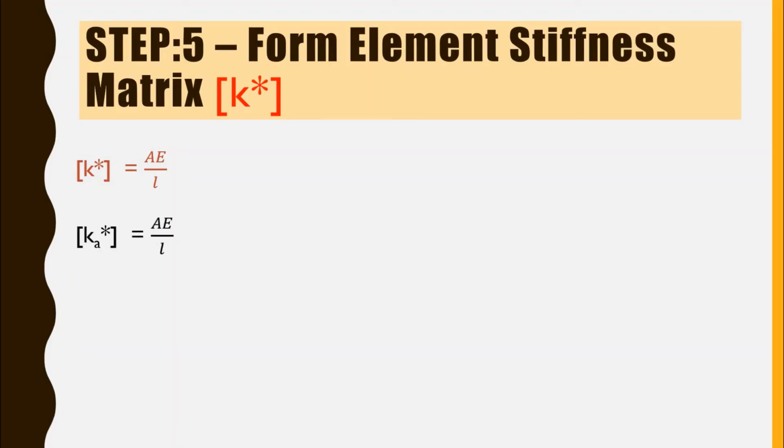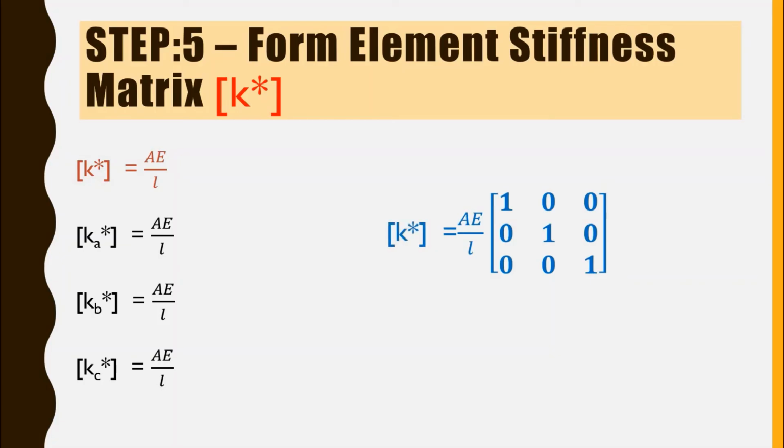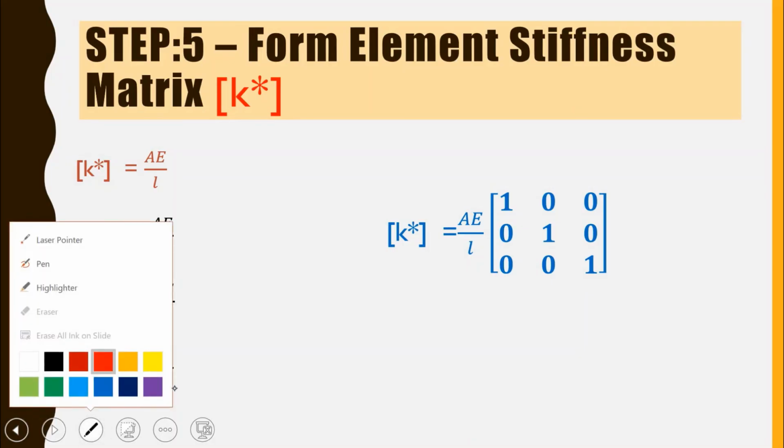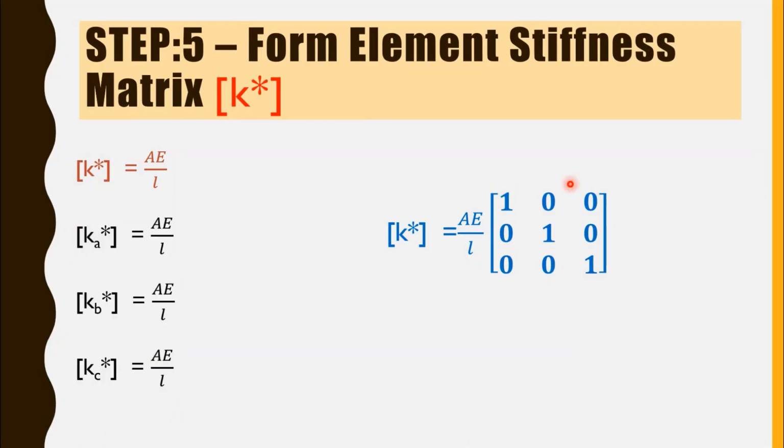So we can write K star for member A is AE by L, K star for member B is AE by L, and K star for member C is also AE by L. So the total element stiffness matrix of the structure is AE by L, kept in the diagonal position. When I take it outside, it will be a unit matrix into AE by L. Okay, so this is the element stiffness matrix of the structure.